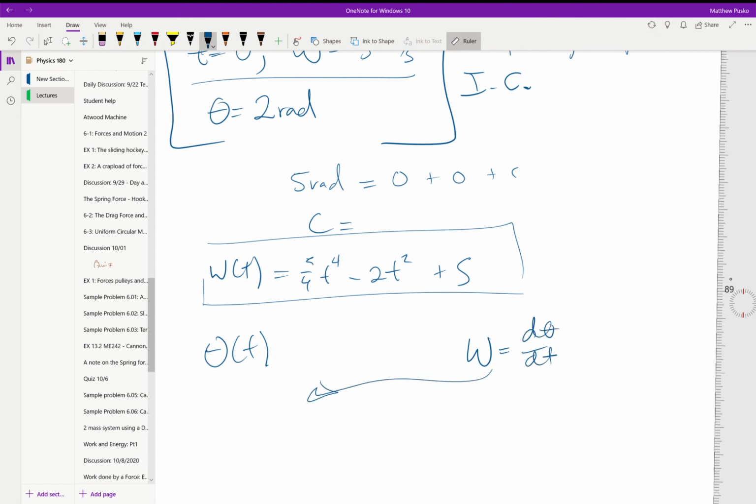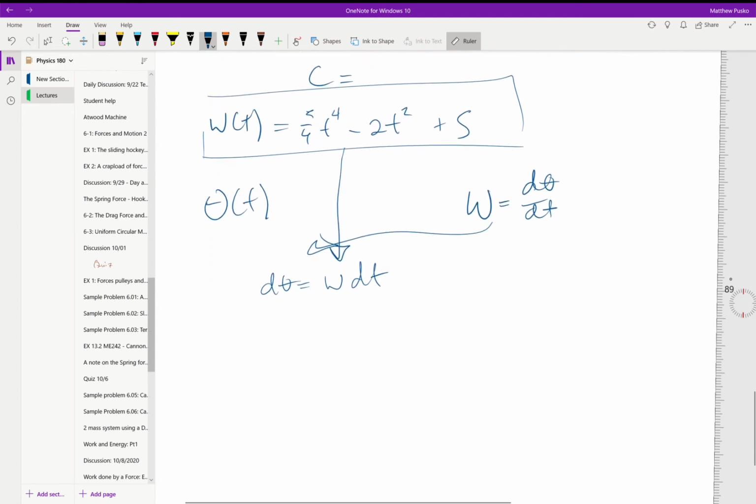Break that up into d theta is equal to omega dt, and let's substitute this expression in for omega. So d theta is equal to 5/4 t to the 4th minus 2t squared plus 5 dt.